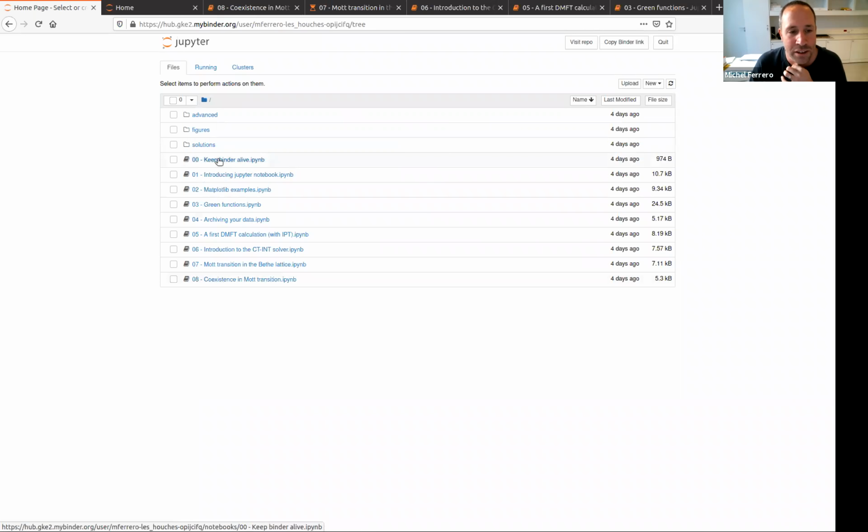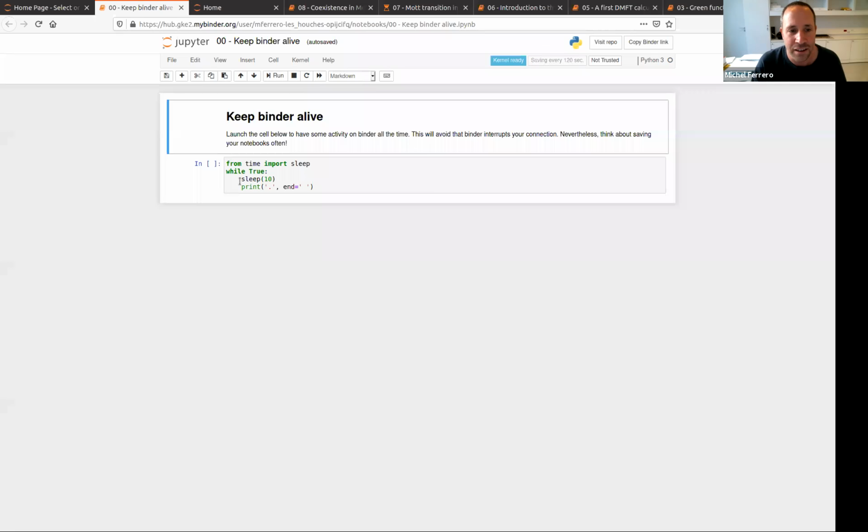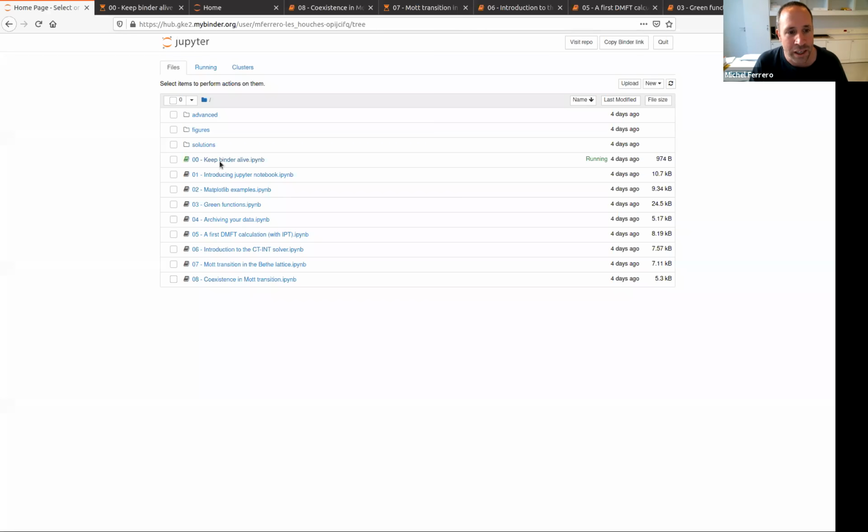To avoid Binder disconnecting you, it is good to click on the first notebook and execute the first cell. You do that with Shift-Enter, as you probably know from Jupyter notebooks by now. This just keeps a bit of activity on the server so that you're not disconnected. And then you can start with one notebook after the other.